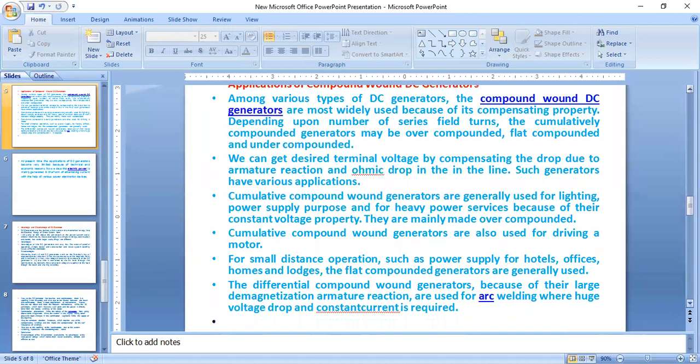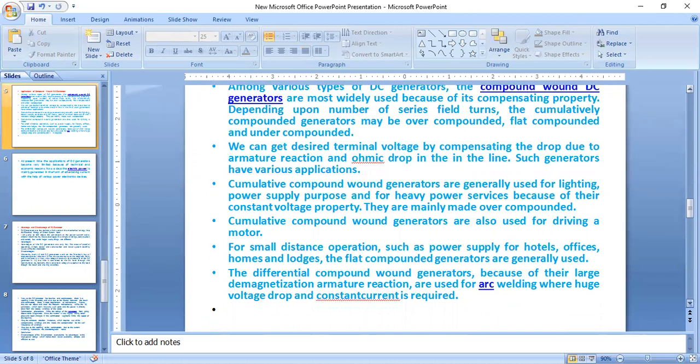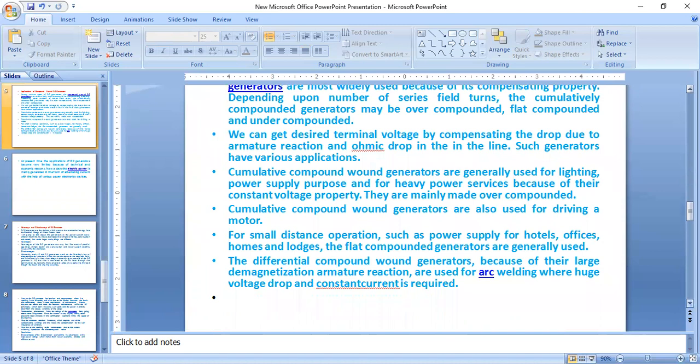Cumulative compound generators are generally used for lighting, power supply purposes, and for heavy power services because of their constant voltage property. They are mainly made over compounded generators. Cumulative compound generators are also used for driving a motor for small distance operation, such as power supply for hotels, offices, homes, and lodges.